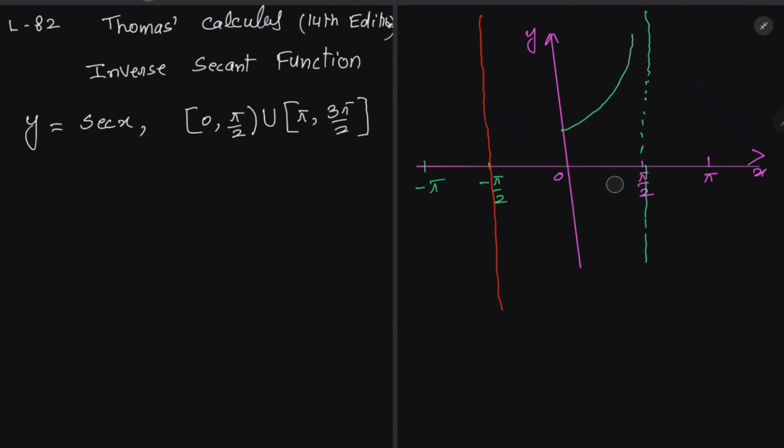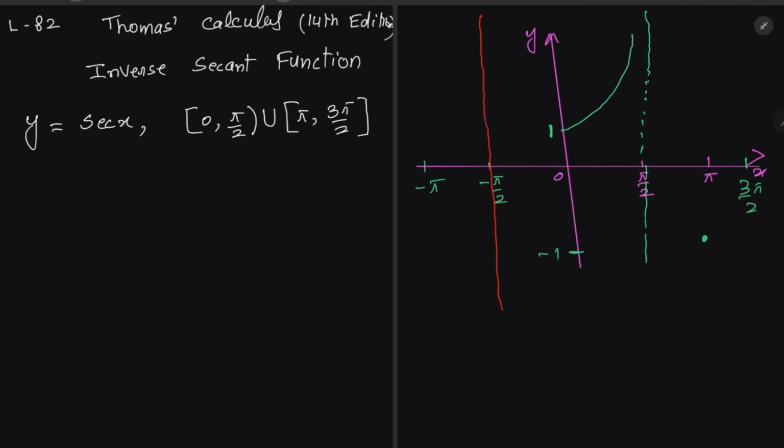If I observe this function from pi to 3 pi by 2 on the right-hand side, the function is negative. At pi, we have the value minus 1. So this is 1, and this will be minus 1.